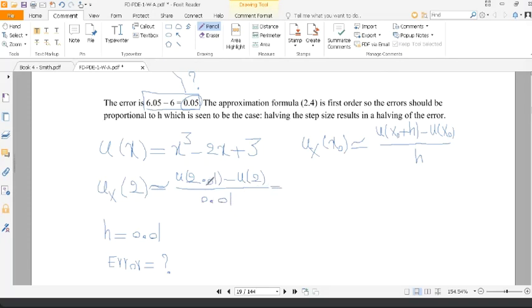Then we should compute u of 2.01 and u of 2. u of 2.01 is equal to 2.01 to the power 3 minus 2 times 2.01 plus 3.